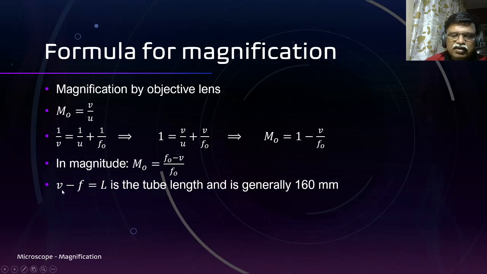Okay, and we can write the formula that magnification by objective is approximately −L upon f_objective, because this v − f_objective is L, and therefore we are writing this negative sign over here.